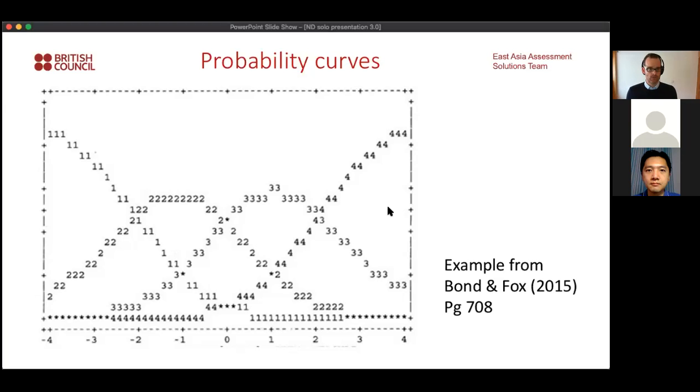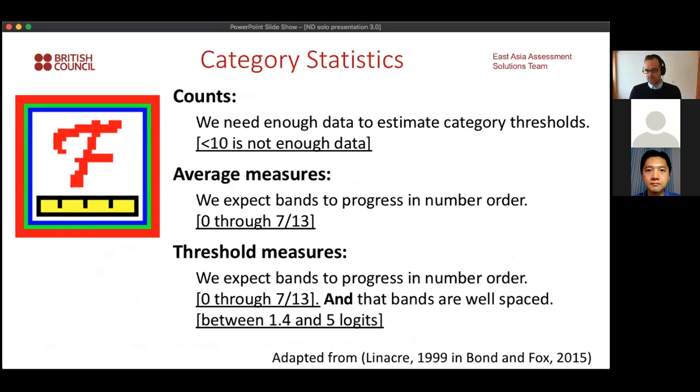Now I'd like to talk about some category statistics. These are essentially a numerical way of describing what we can see graphically in the probability curves. I want to discuss three. The first is counts. In short, for each of the scale numbers, we need to have enough data to estimate them.